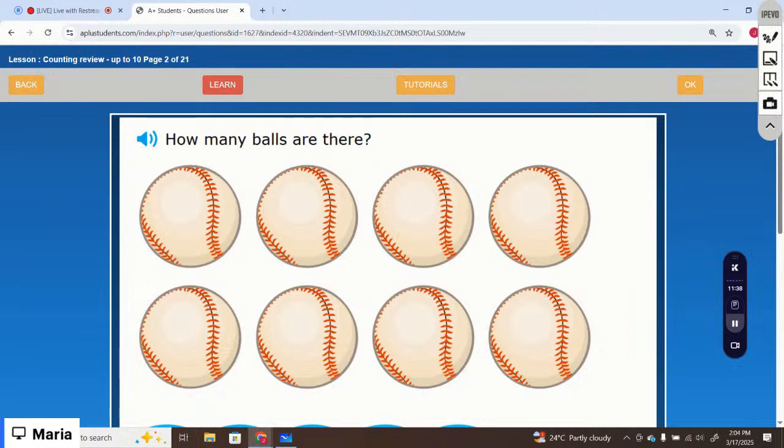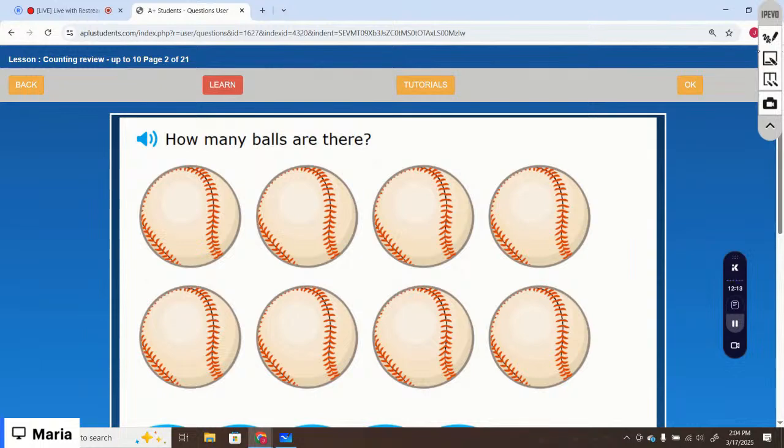How many balls are there? There are 8 balls.